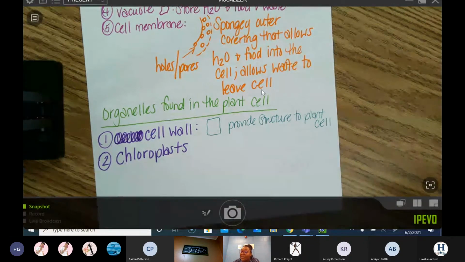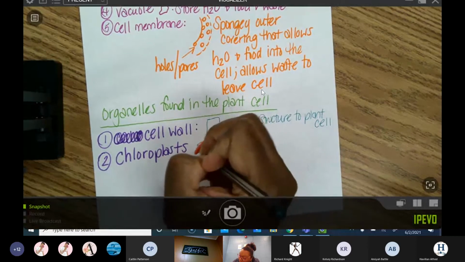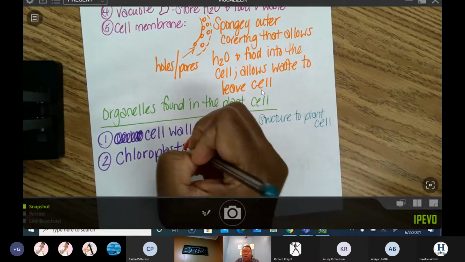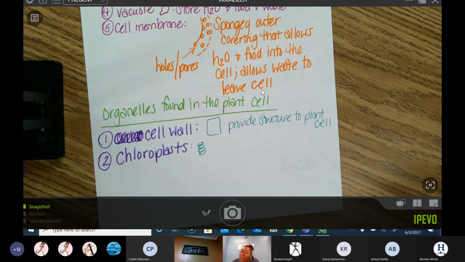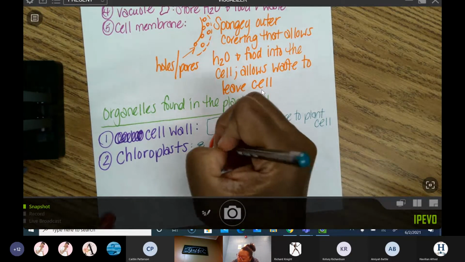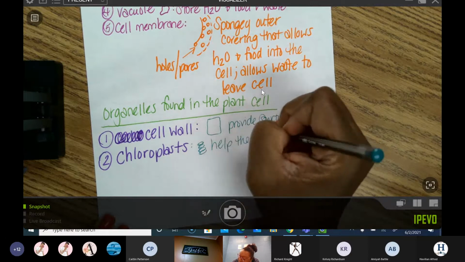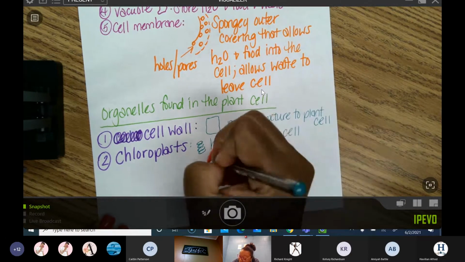The chloroplasts that we'll find, they're little green discs. The chloroplasts that we'll find there, those are special because they help the plant cell absorb sunlight.